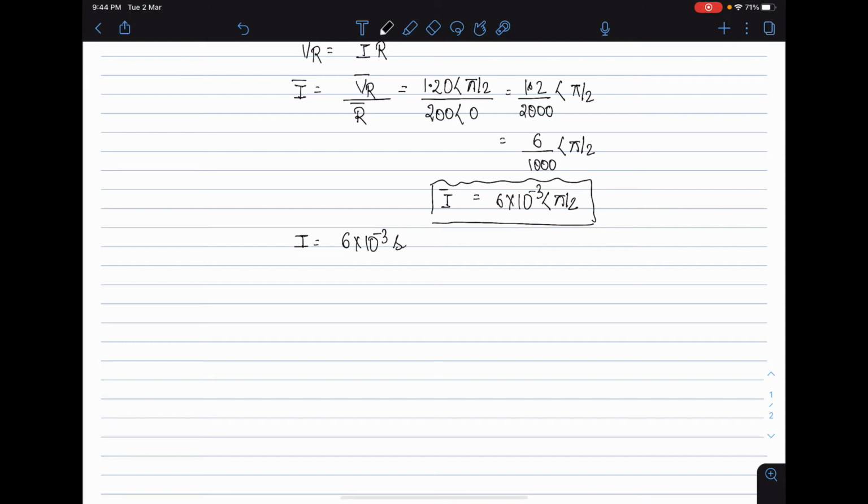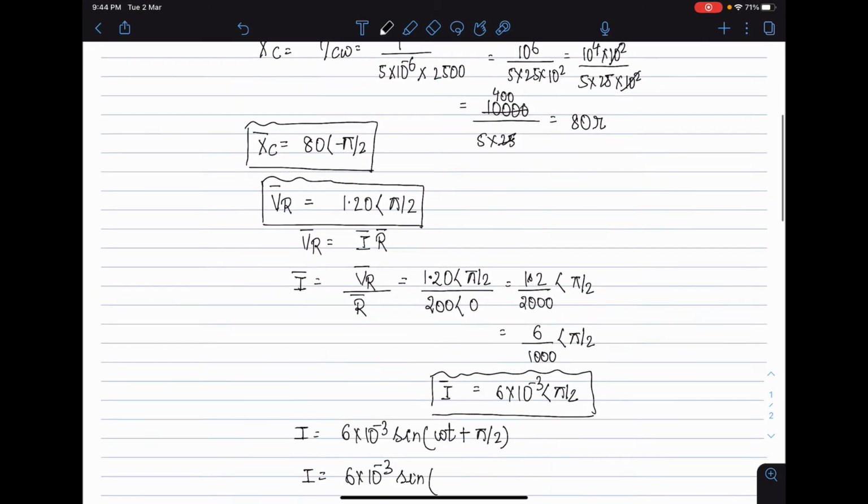So this will be written as sine of omega t plus pi by 2, right? So this I can be written as 6 into 10 to the power minus 3 sine of omega t plus pi by 2.